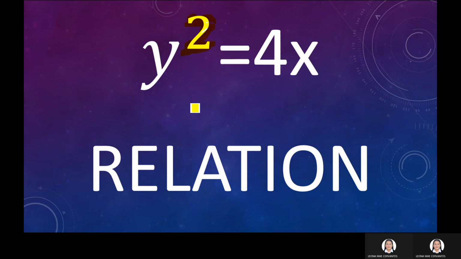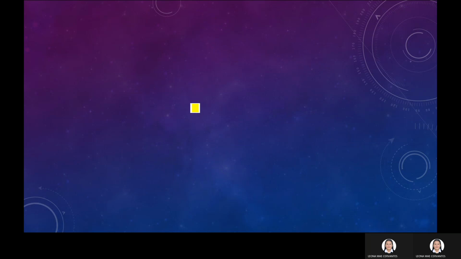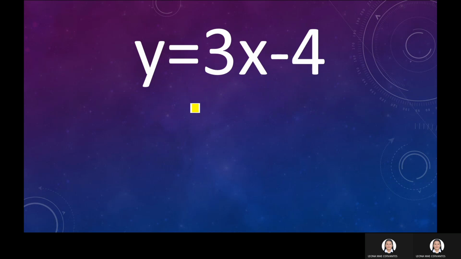Next, okay, so we have y equals 3x minus 4. The exponent of y is 1, which is an odd number.